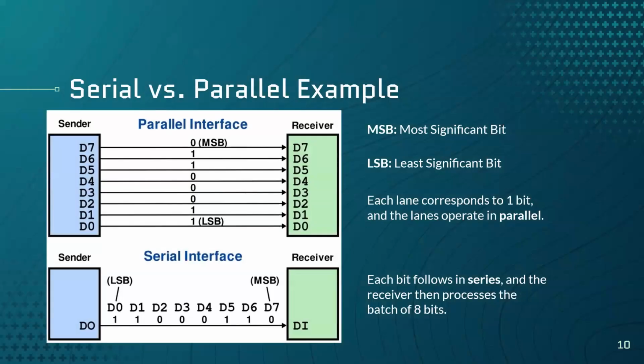So here is just a more detailed example. When you see MSB and LSB, MSB means most significant bit, LSB means least significant bit. For example, when I was translating the binary to a number, this would be the significant bit.